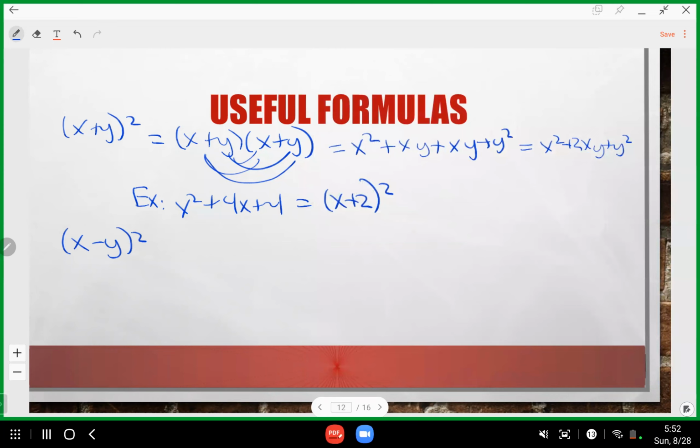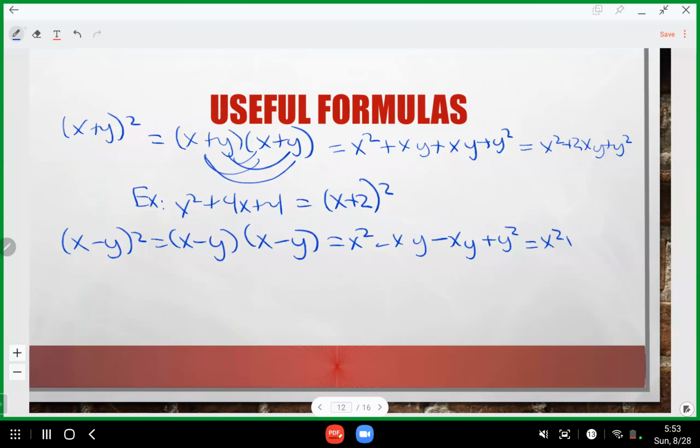All right. Okay, so x minus y squared. It's essentially the same as x plus y squared, except you're going to get x squared minus 2xy plus y squared. Let's have an example of this.